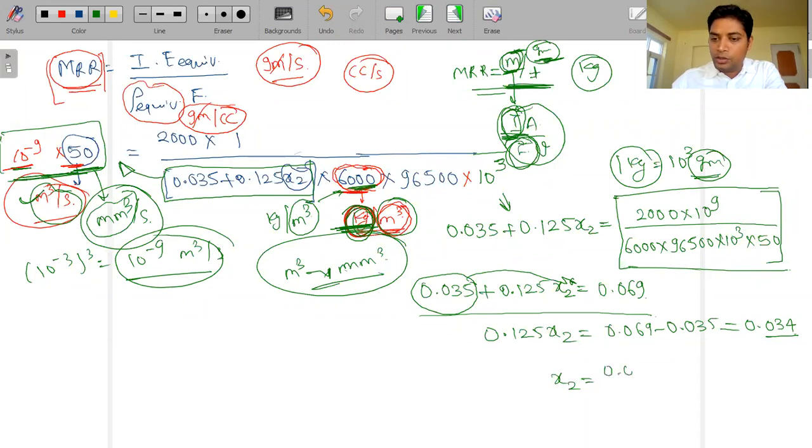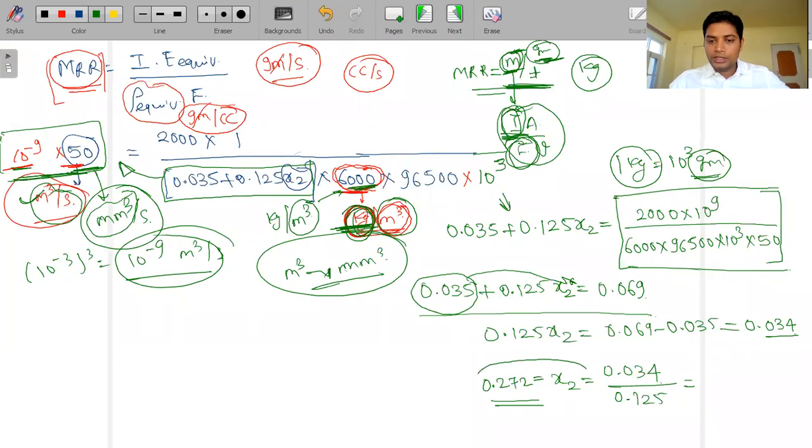That is 0.034 upon 0.125. Can you tell me the value of this? 0.272. Anybody else? Please confirm. 0.0272. Okay.